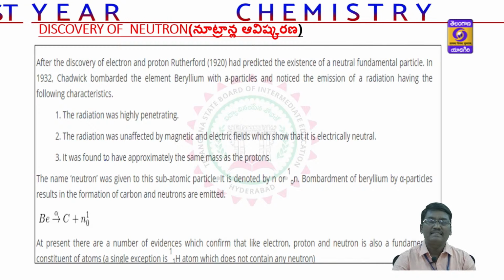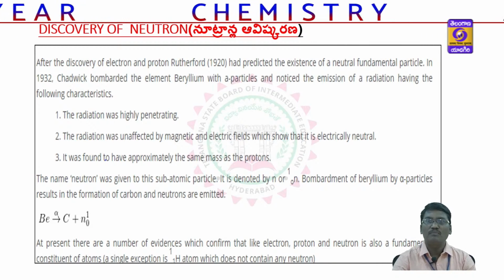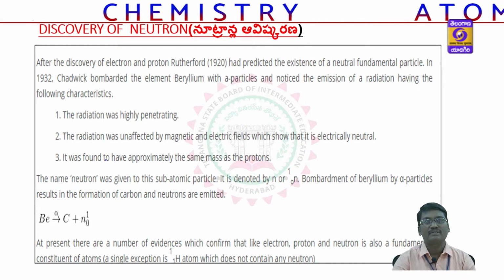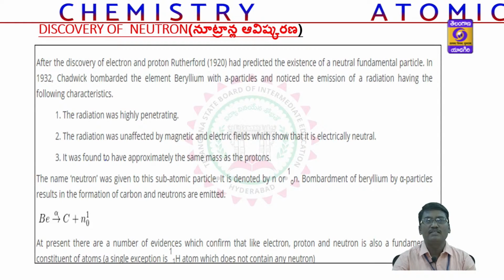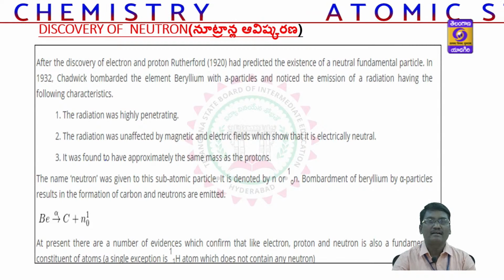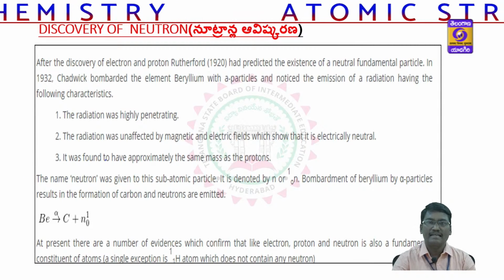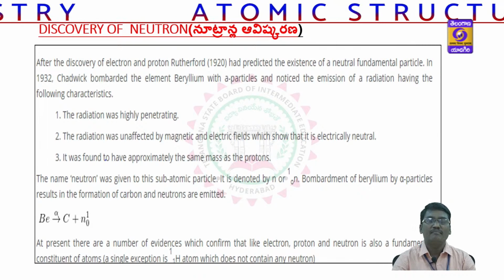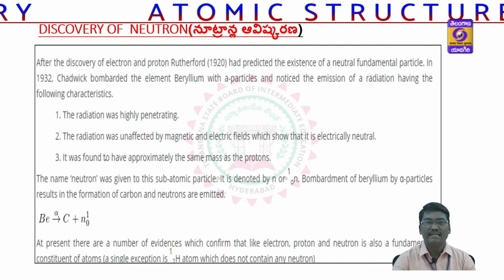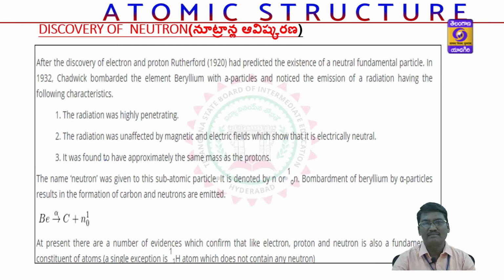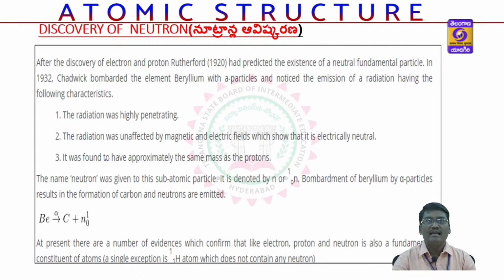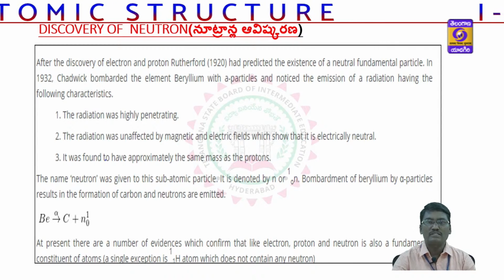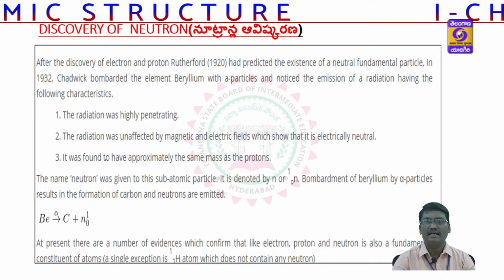He predicted that one more particle may be present that has neutral charge. In 1932, Chadwick bombarded the element beryllium, which has atomic number 4, with alpha particles. An alpha particle is a positive particle, mostly a helium nucleus.